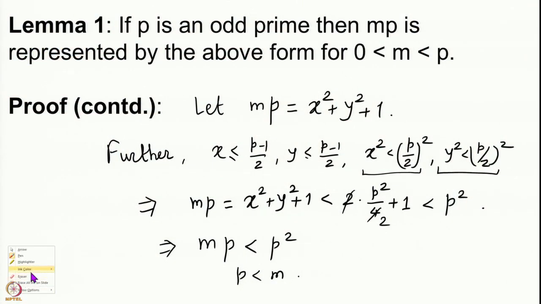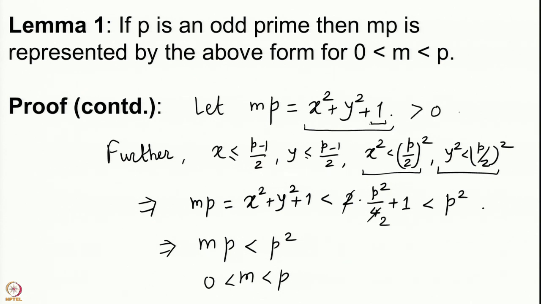So, we get here m less than p, but we also get that m is bigger than 0, because this quantity here is certainly bigger than 0. You have 1 here, which tells you that mp is bigger than 0 and so m cannot be 0. So, we have proved this lemma.